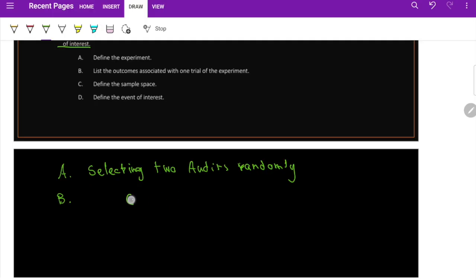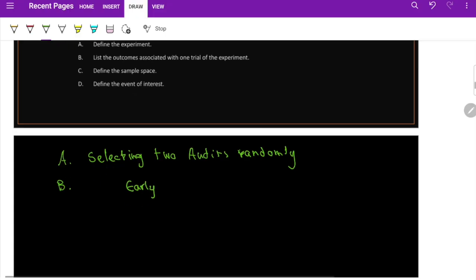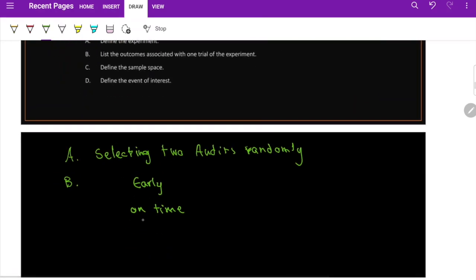The audit can be done early. I'm going to give them E1, E2, E3, I'm going to just talk about this later. So early or on time, or what's the third one? Late. If we look at a single audit only, looking at a single audit.